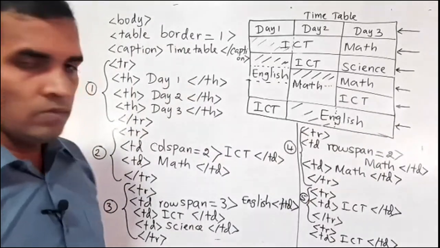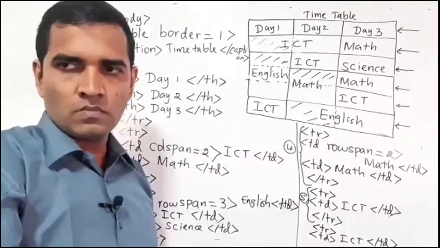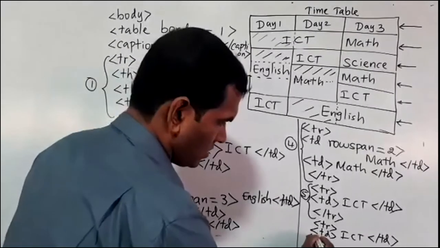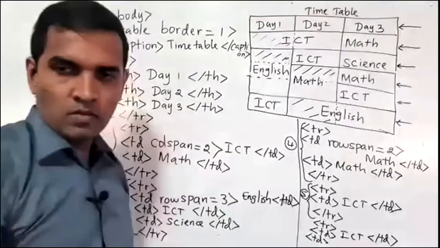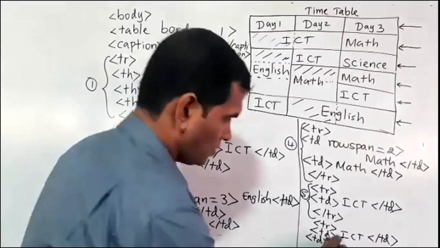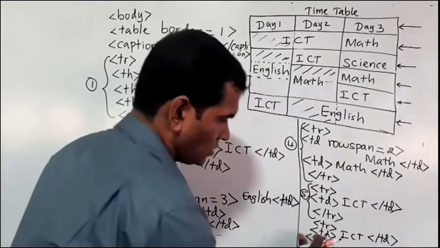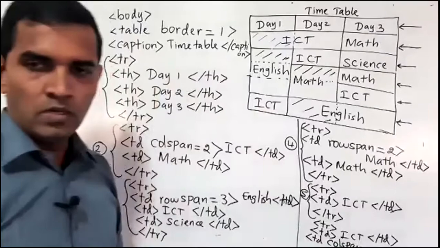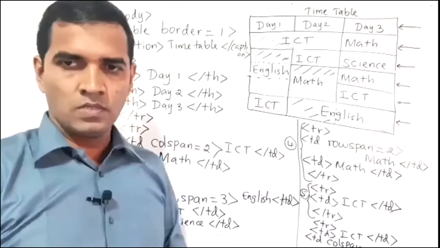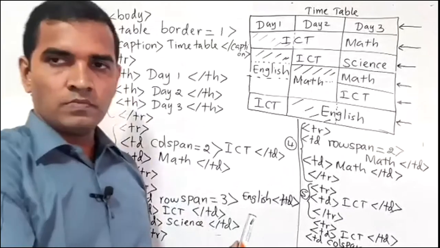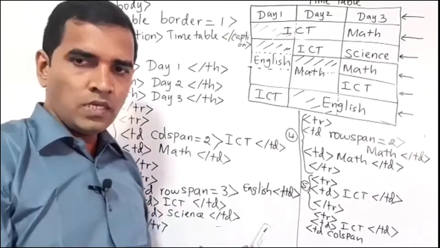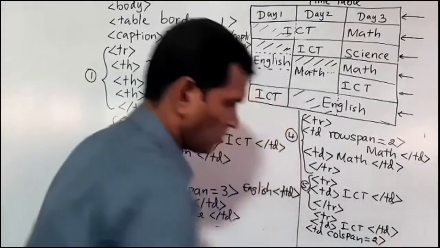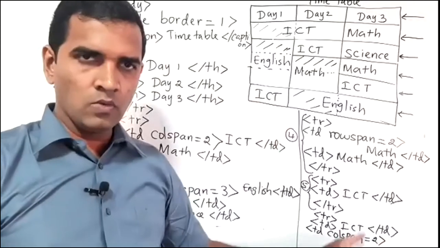So the next line would be TD. I think you can see that, right? I don't have enough space, but I can manage. TD space colspan equal to 2.